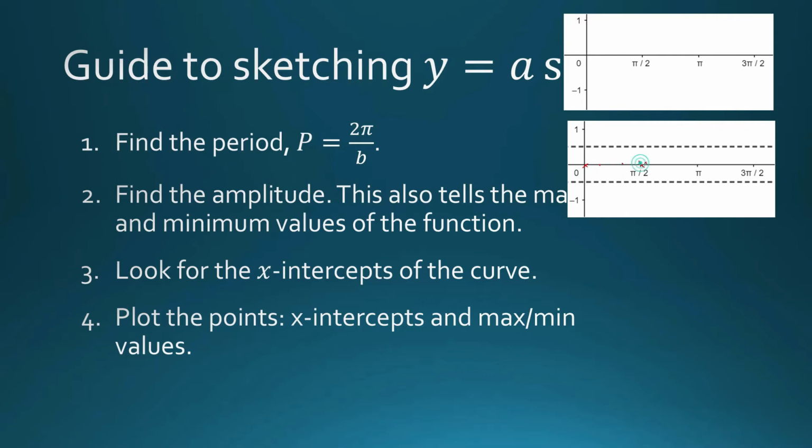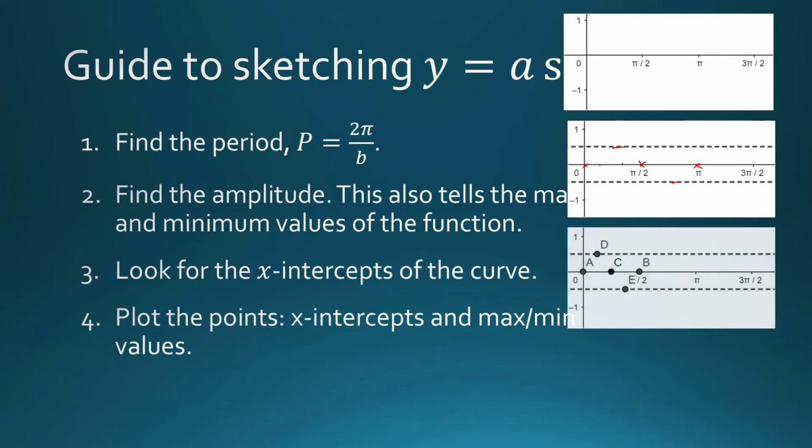Let's say, for example, the x-intercepts are 0, pi over 2, and pi. And then you plot the maximum points. Between the x-intercepts will occur your maximum or minimum points. And then you trace one curve and you repeat.